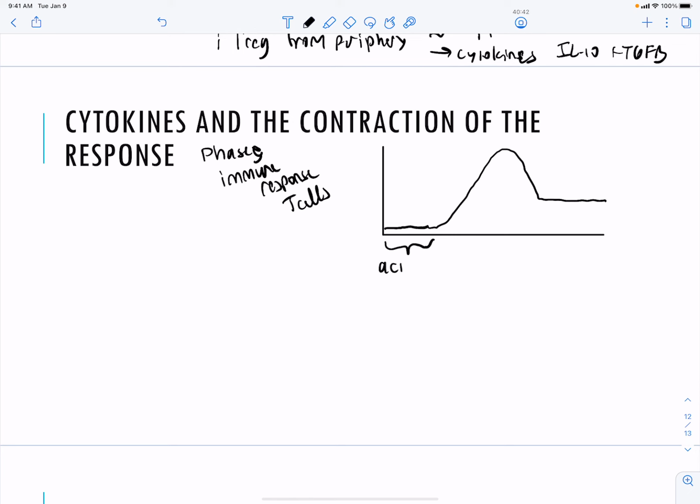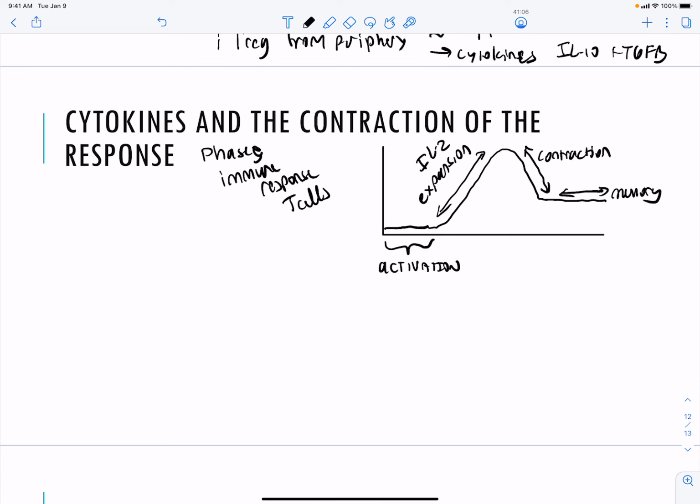So this is activation. This is going to be expansion. This is IL-2 driven for T cells. We have contraction. And then we have our memory. Now we're going to talk a little bit about contraction.